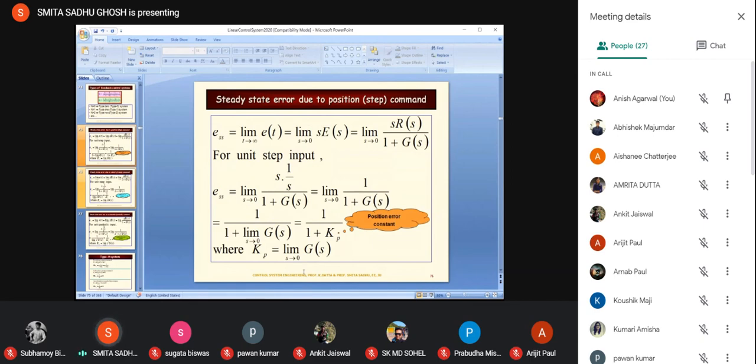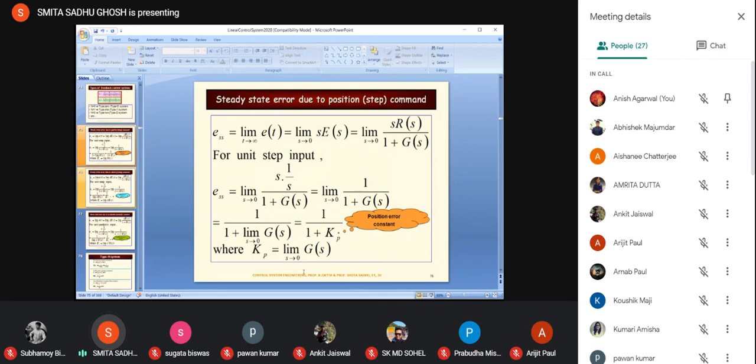We are starting off with the calculation of the steady state errors, but you should keep in mind that the validity of the analysis holds only if the system is stable. Otherwise, if it is unstable, you would find that the errors would be diverging, and there would be no requirement of calculating the steady state errors in the first place, right? So that would become irrelevant.